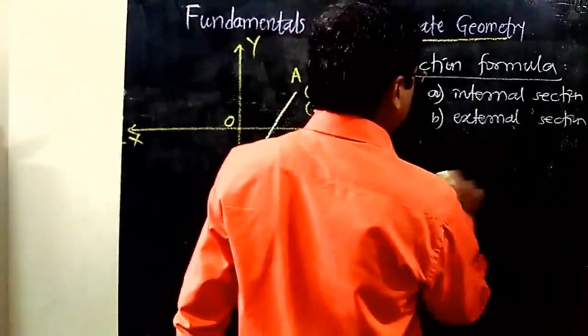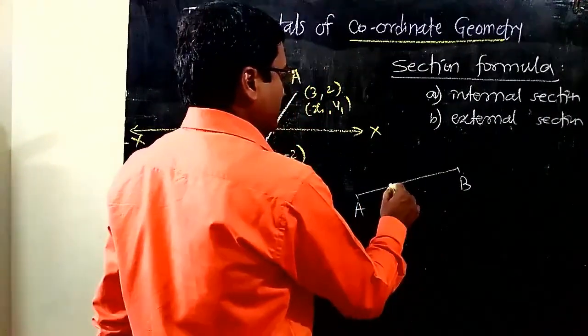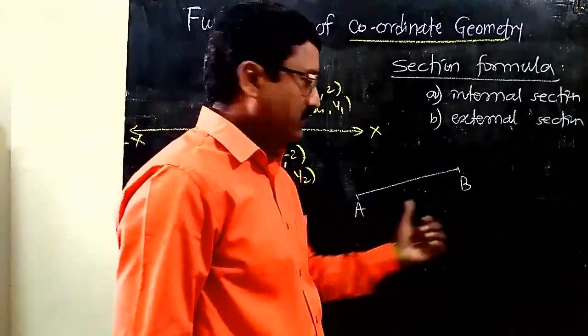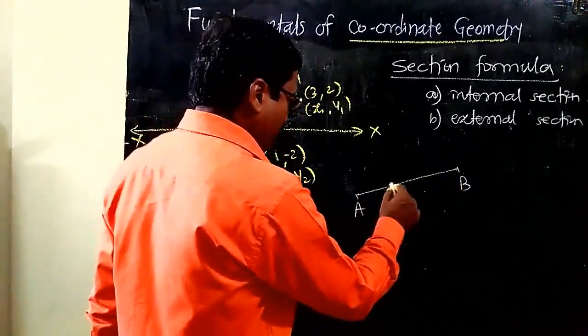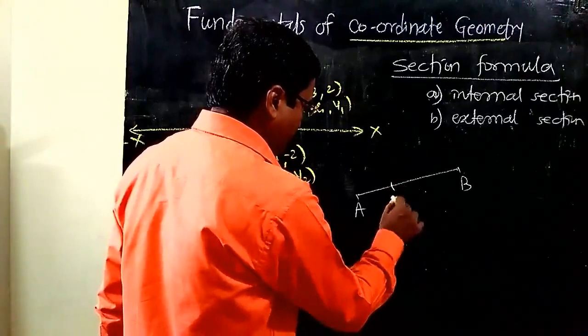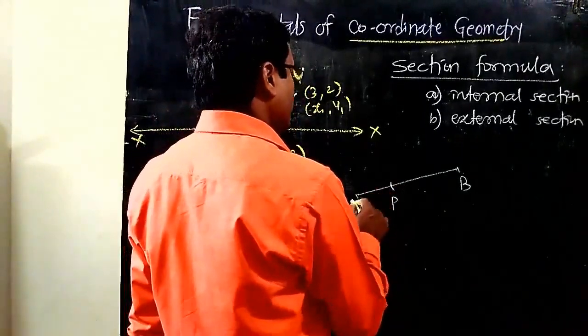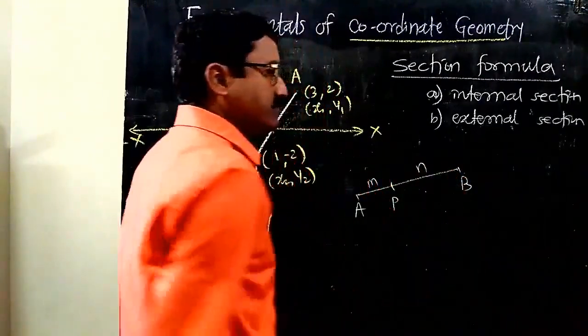If a certain segment is given, suppose segment AB is given here. There are infinitely many points between any two points. Let us take one point P, whose distance from A is suppose m and distance from B is n.